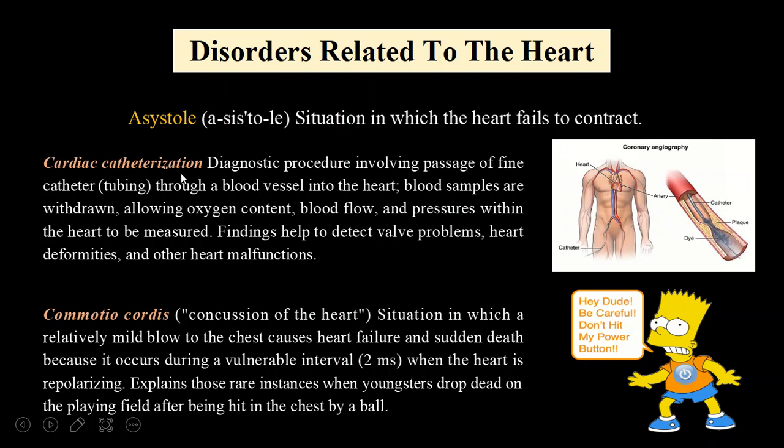We have the cardiac catheterization, a diagnostic procedure involving passage of fine catheter tubing through a blood vessel into the heart. So a catheter is inserted into our blood vessels toward the heart. Blood samples are withdrawn, allowing oxygen content, blood flow, and pressure within the heart to be measured. The findings help to detect valve problems, heart deformities, and other heart malfunctions.